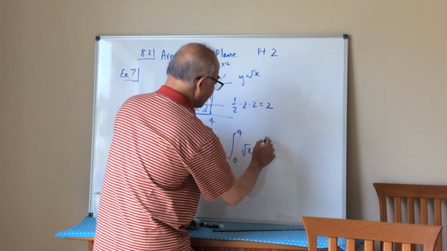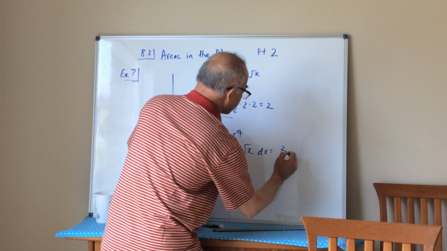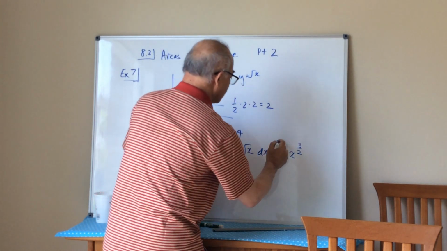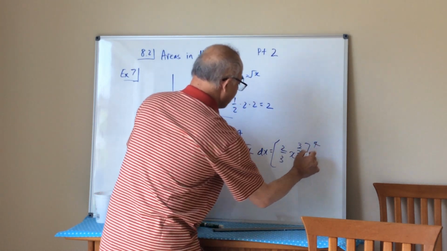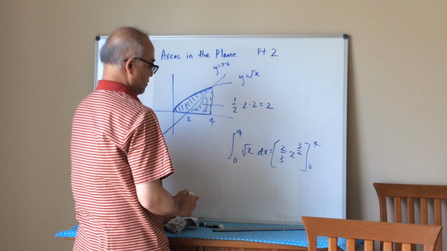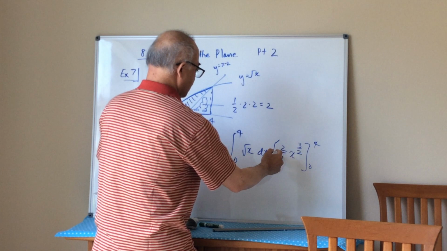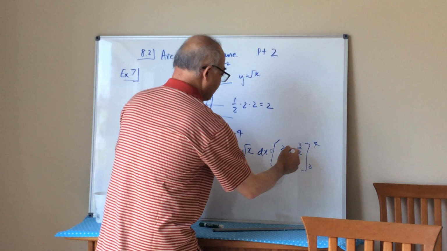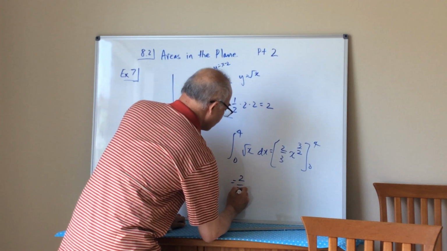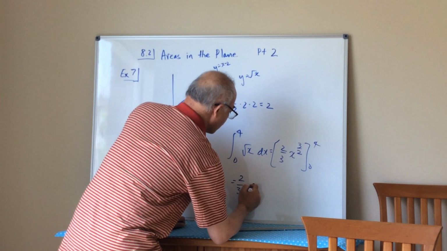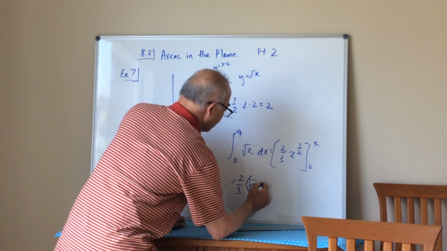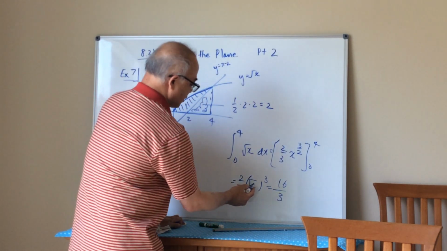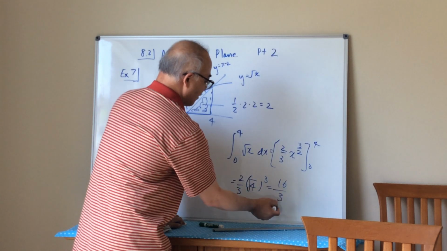So I'm going to subtract the 2 from that. If I do this, I get 2/3 x to the 3/2, from 0 to 4. I put the 4 in: 4 to the 1/2 cubed is 8, times 2/3 gives 16 over 3.